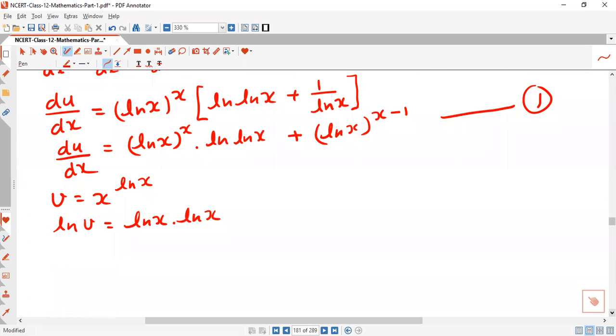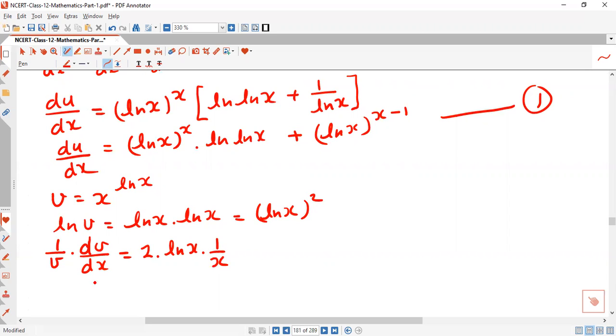If we do the differentiation, we get 1 upon v dv by dx will be equal to what? See, this log x and this log x are there, so it is log x whole square. So the derivative is 2 times log x multiplied by 1 upon x.